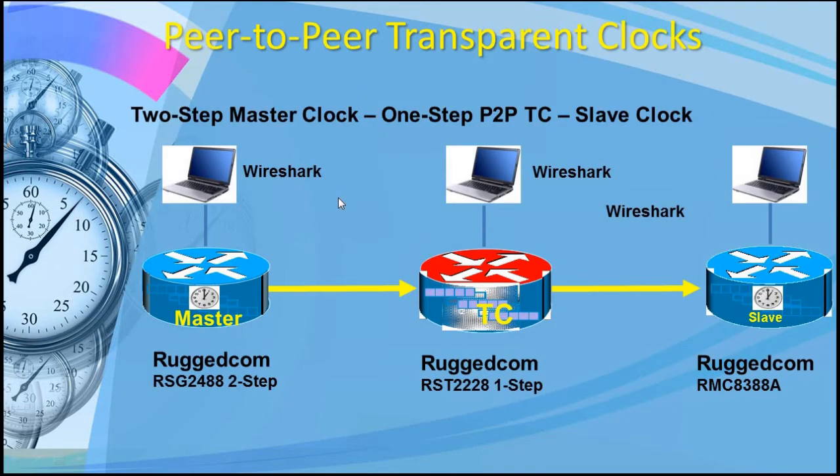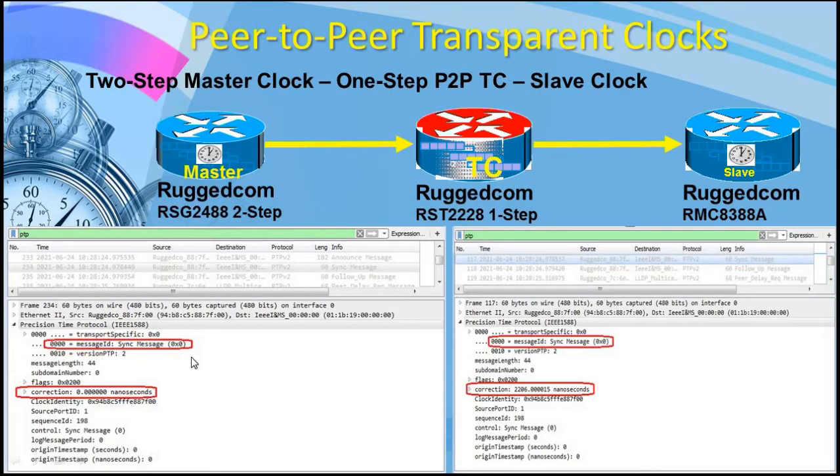So we do the same thing, capture messages on the ingress port and the egress port of the transparent clock. This is the sync message received on the TC ingress port and sent out on the TC egress port. The correction field on the received sync message is 0.